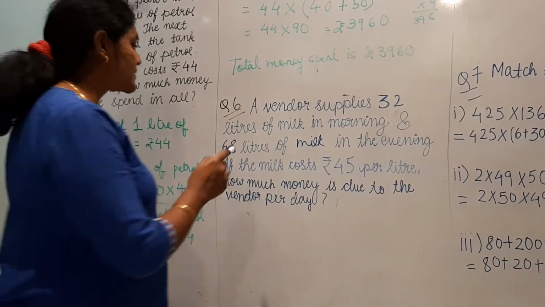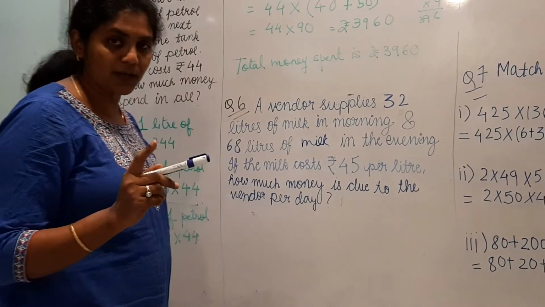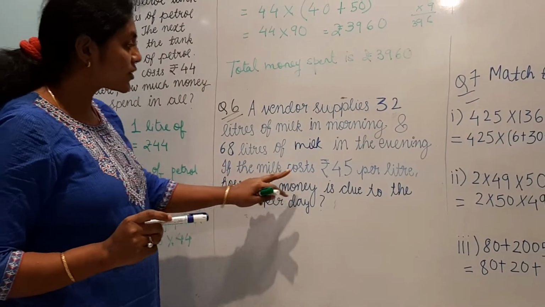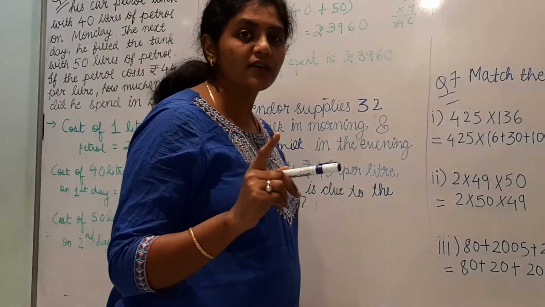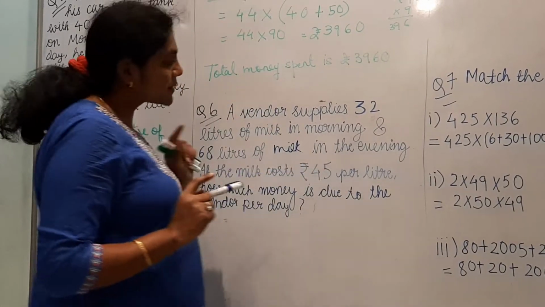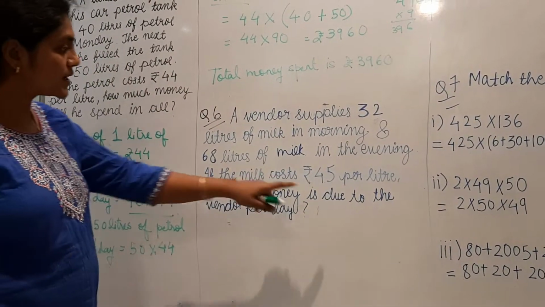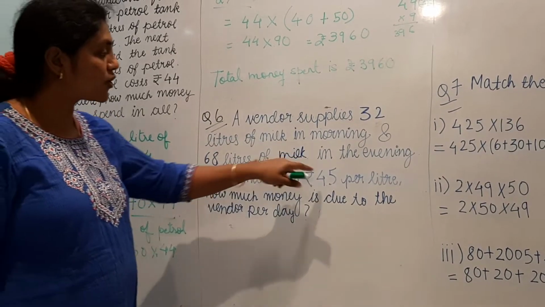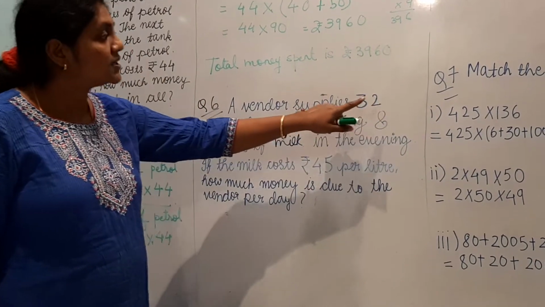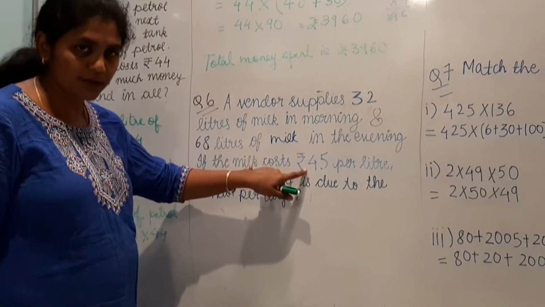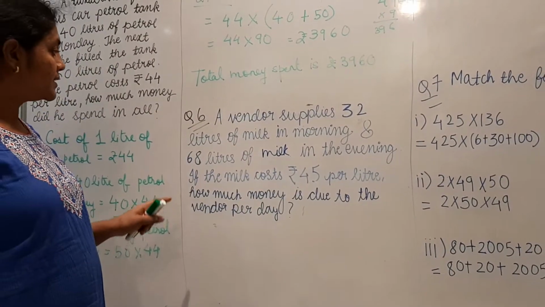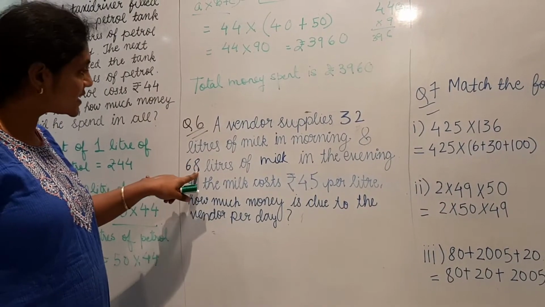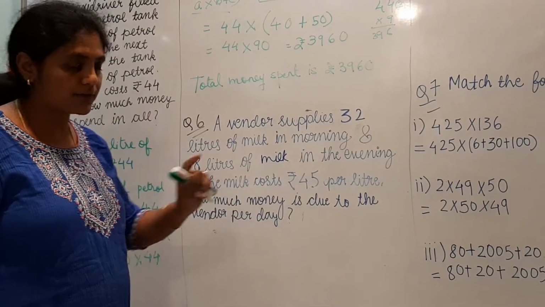In the evening it supplies 68 liters of milk. The milk cost is rupees 45 per liter. Same concept, the cost of 1 liter is given as rupees 45. You have to find the cost of 32 liters, so 32 into 45, then plus 68 into 45.